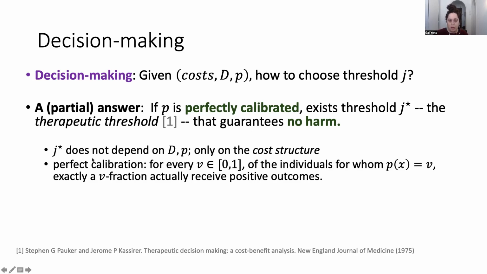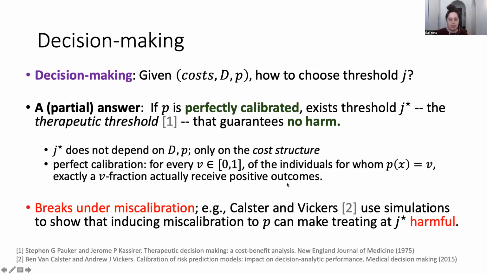And the interesting property about J star is that it does not depend on either the distribution or the predictor at all, only on the cost structure of the decision problem. And here, the perfect calibration requirement is basically saying that for every possible risk value V, if we look at all the individuals that received a prediction of V, exactly V fraction of these actually have positive outcomes in the true distribution.